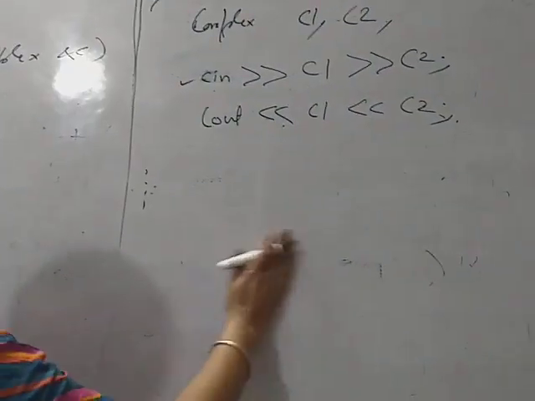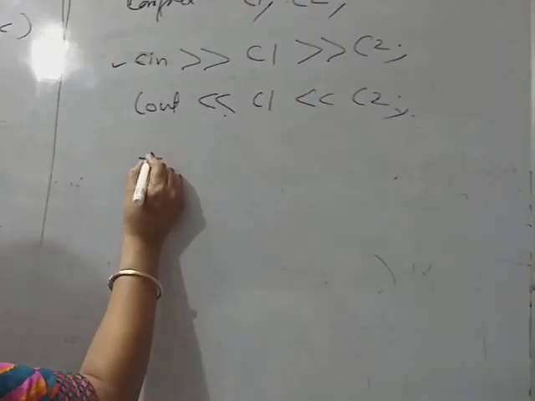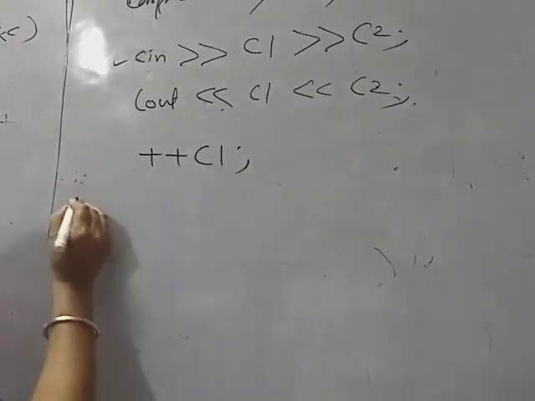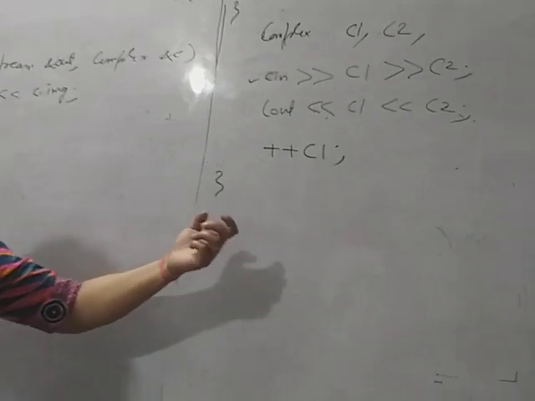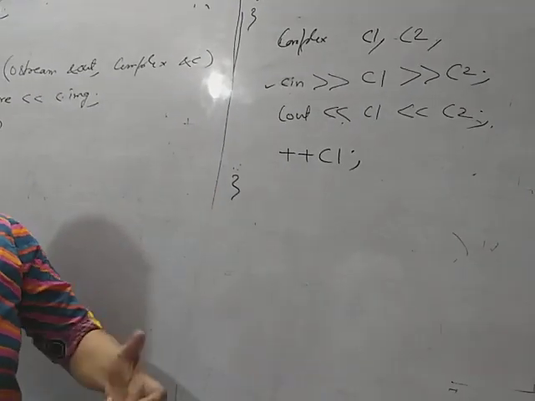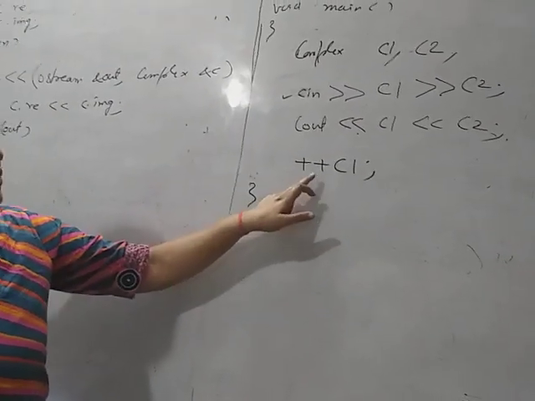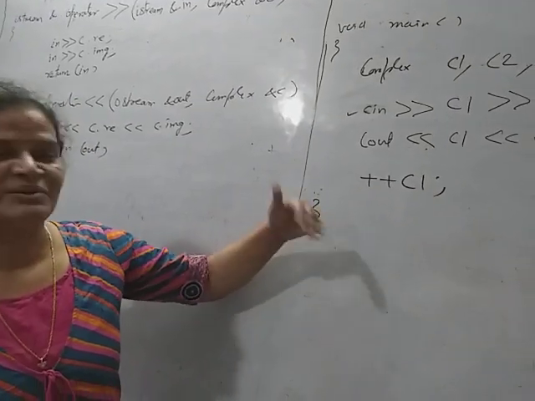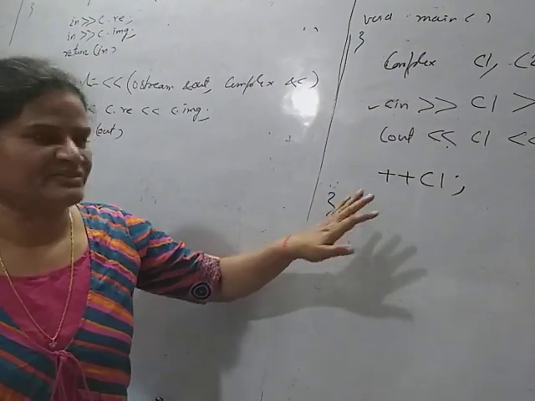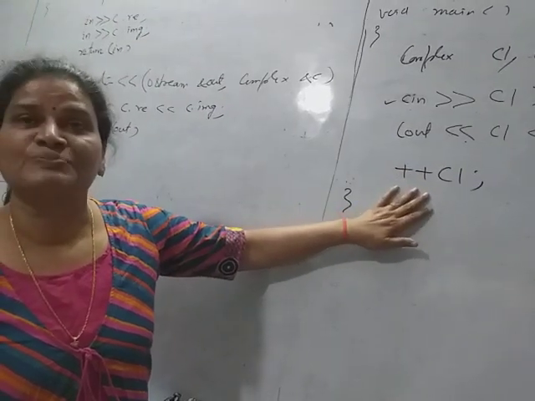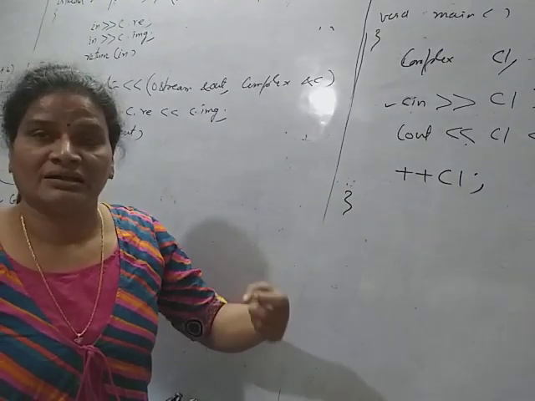Suppose in the case of unary operator, I want ++C1. I want to define this ++C1. You perform ++A, where A is basic type. Again, it is required to overload ++. So previously I have given the example to overload ++ using operator member function. Now I can overload this ++ operator using friend function.